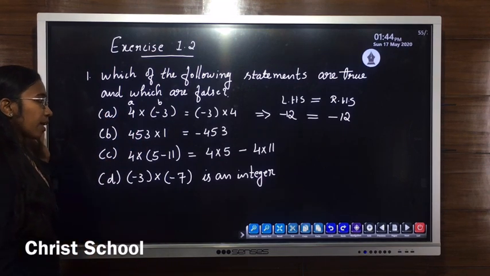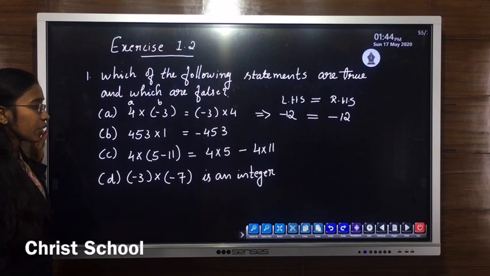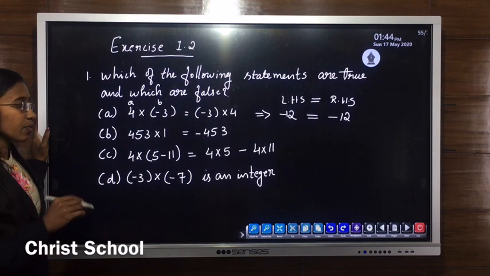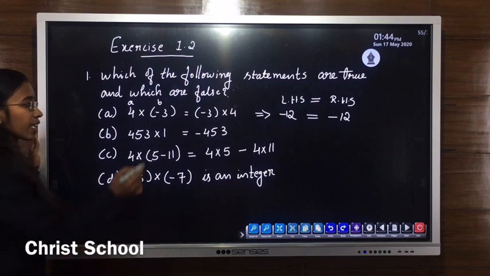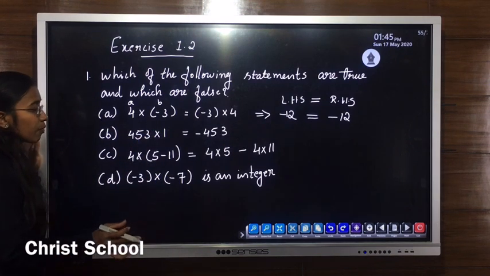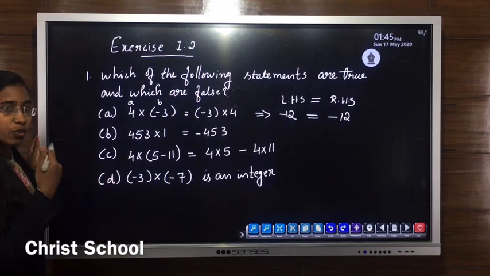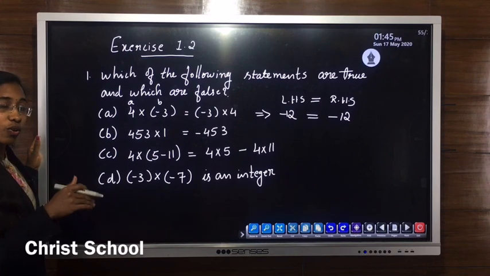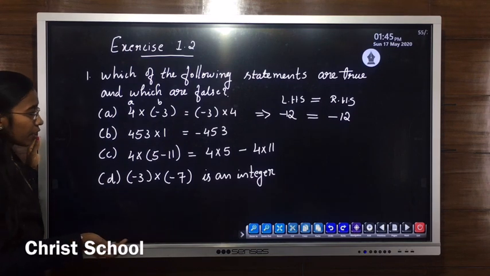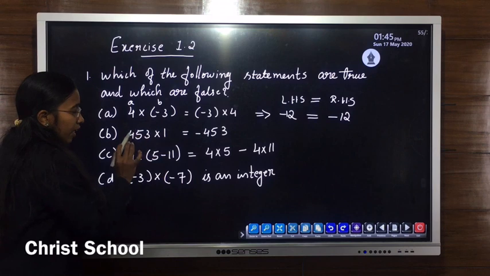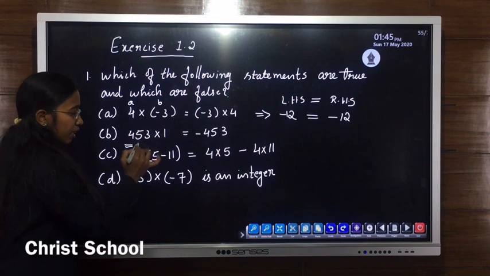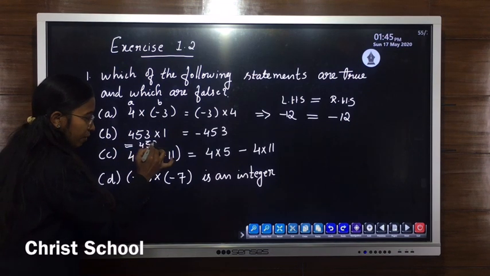And the second part, 453 into 1 equal to minus 453. Actually here, we know that when we are multiplying an integer with 1, then our answer is always that number itself, which means when we are multiplying 453 into 1, then our answer is always that number itself, that is 453.